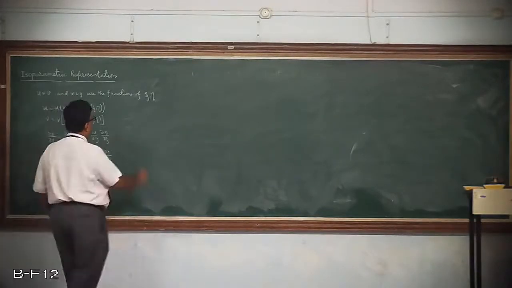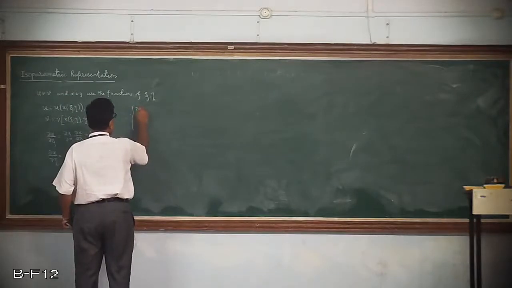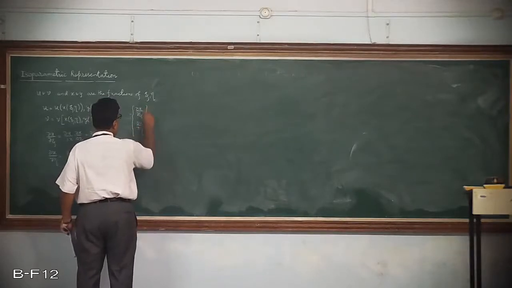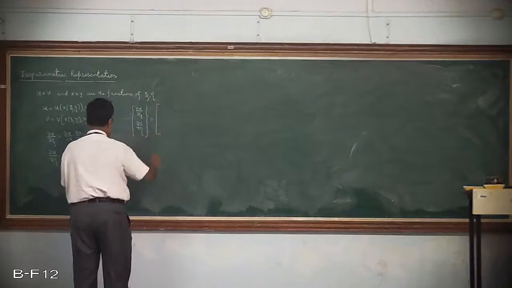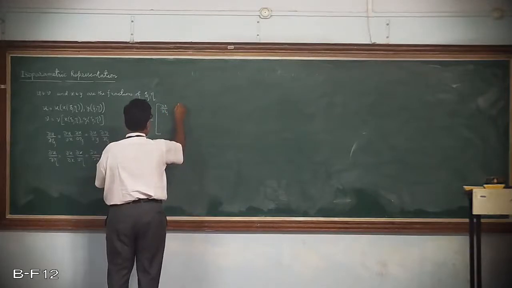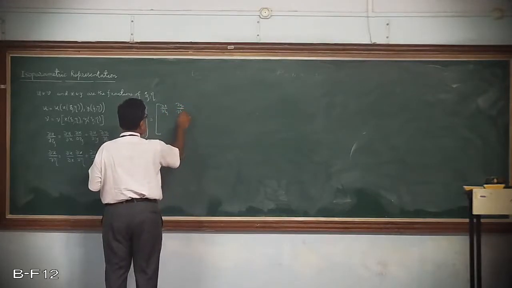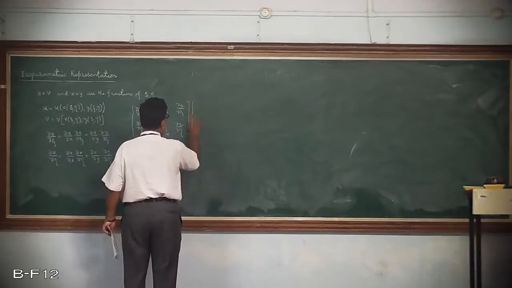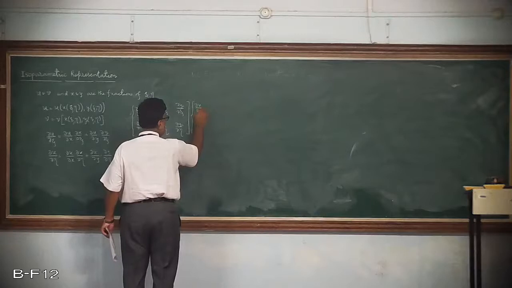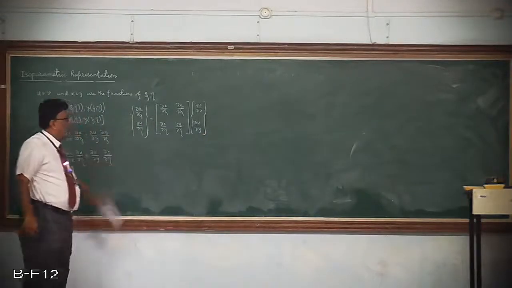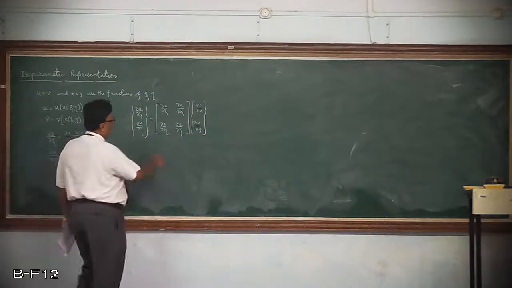Therefore, if you write it in matrix format, dou u by dou zeta, dou u by dou eta equals the matrix with dou x by dou zeta, dou y by dou zeta in the first row, and dou x by dou eta and dou y by dou eta in the second row, multiplied by dou u by dou x, dou u by dou y. This square matrix has a specific name.